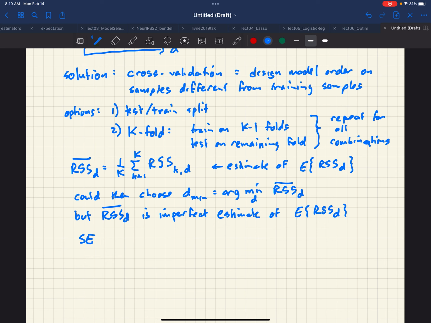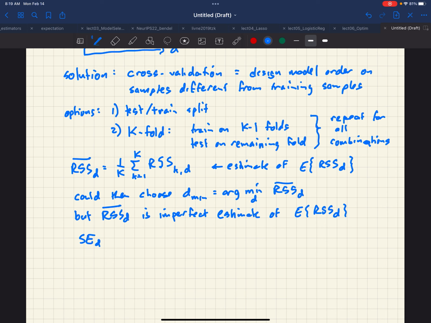So we look at the standard error as a function of D. And the standard error is defined as, we'll write this as sigma hat over square root of K, where sigma hat is going to be computed like this.